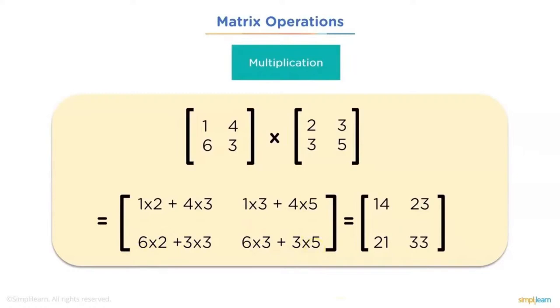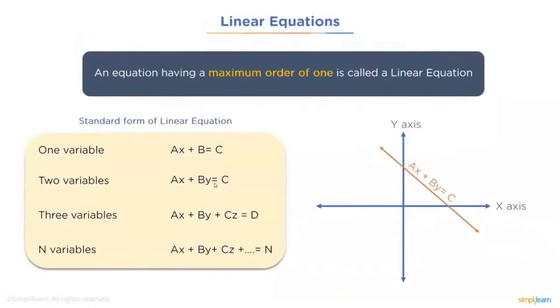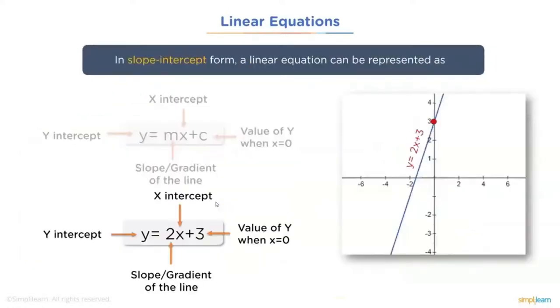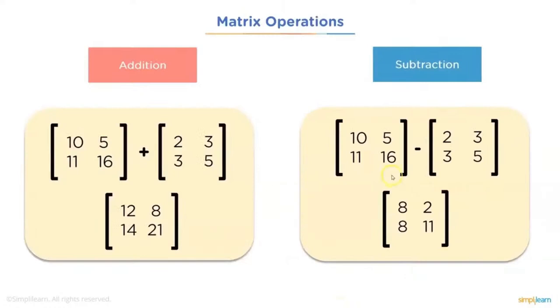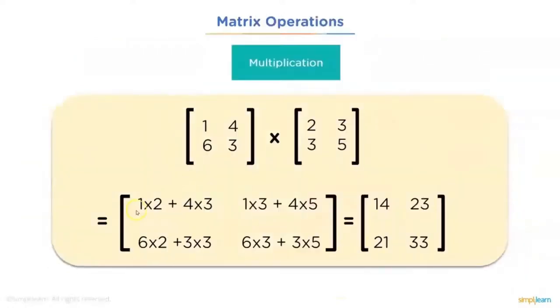If you're looking at these matrices, think of this more as an equation. If you remember, let's go back up a couple slides where we were looking at multiple line equations with two variables. So this is a two variable equation, ax plus by equals c. And this is a way to make it very quick to solve these variables, and that's why you have the matrix, and that's why you do the multiplication the way they do.